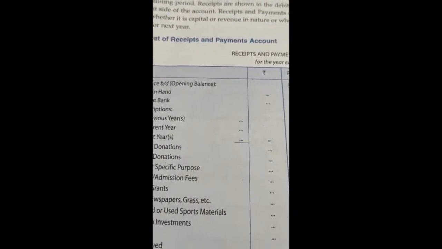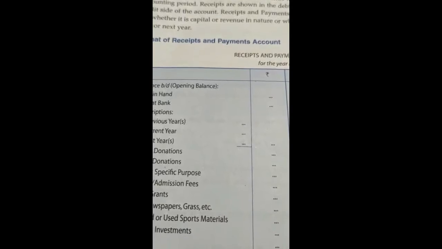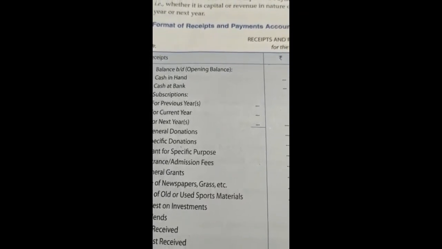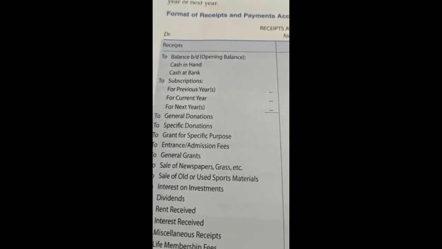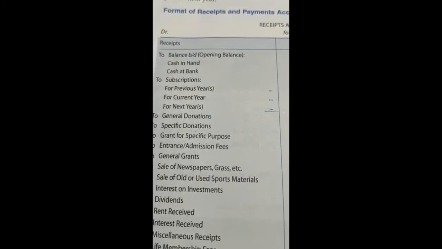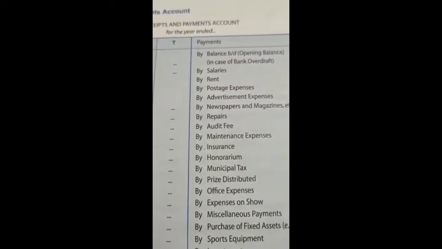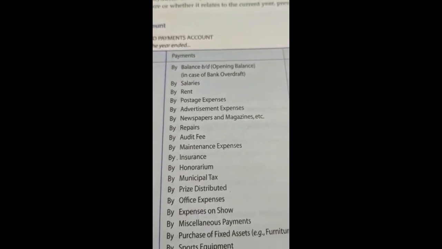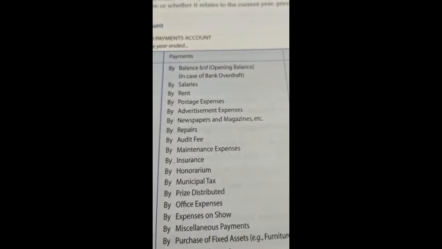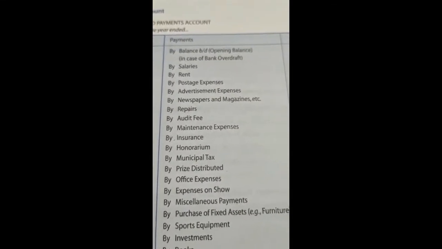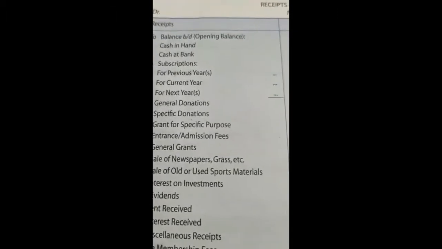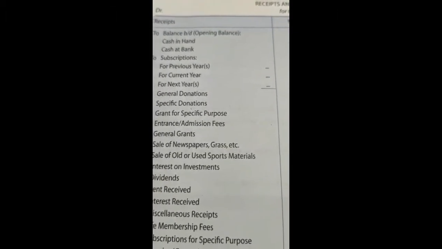Anything which results in the inflow of cash, when money comes into our business, that becomes our receipt. And anything which results in outflow of cash, or money going from our bank account, that becomes our payments.